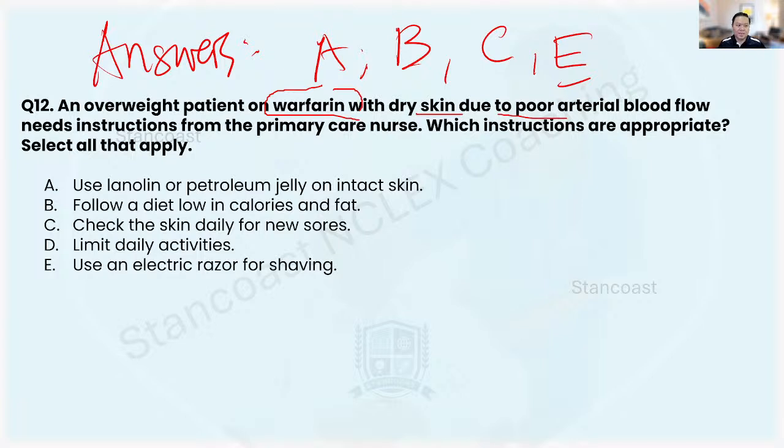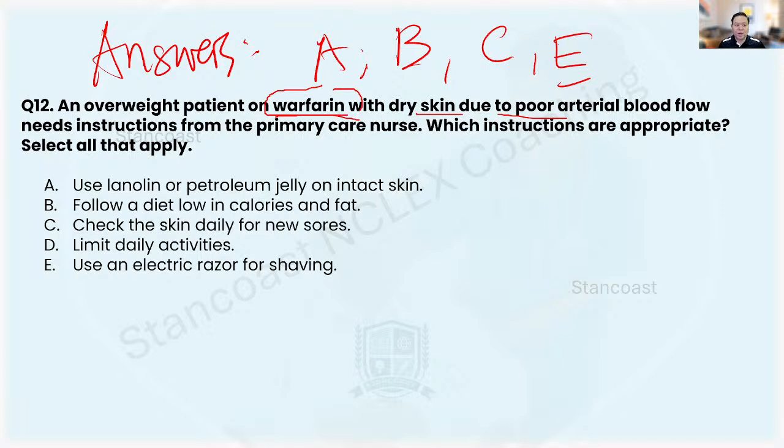Okay, if you answered letter B, follow a diet low in calories and fat, so our patient is overweight, right? Yeah, I get that the patient is overweight. But when we are talking about this scenario, it is pertaining to the warfarin therapy.